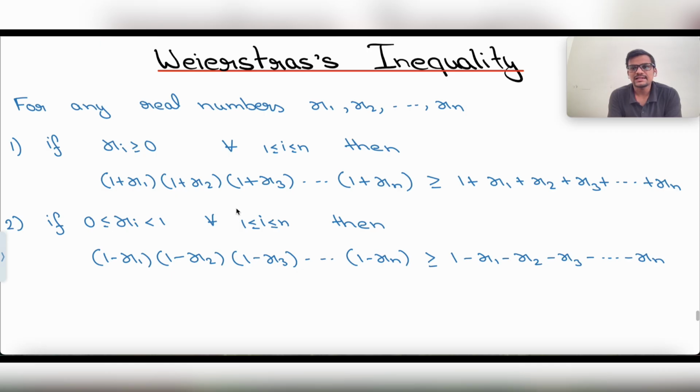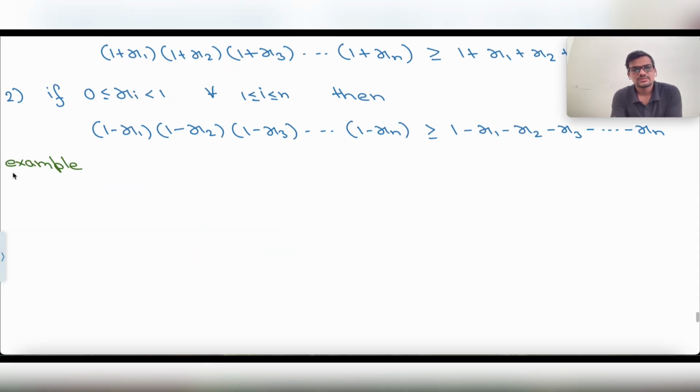Now for better understanding, we will take one particular example. Suppose x1 is equal to 1, x2 is equal to 2 and x3 I am taking 3.